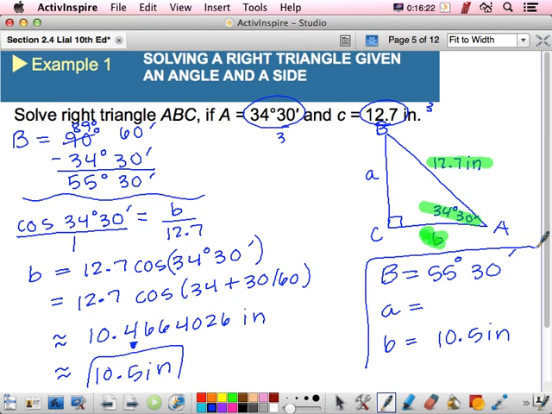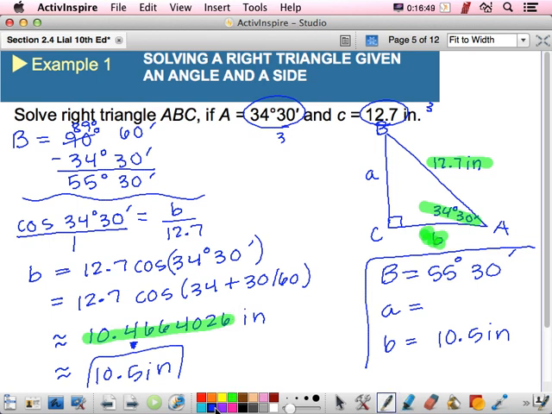I will always go back and do SOHCAHTOA again before I will deal with that. That's just me. But if you do the Pythagorean theorem here, you can't use the 10.5. You have to use this one, with as many decimals as your calculator can hold before you rounded it. Because you can't use a rounded answer to find another answer. You have to use the unrounded one. I'm just going to go back and redo SOHCAHTOA.